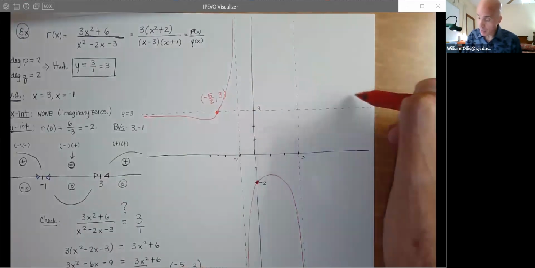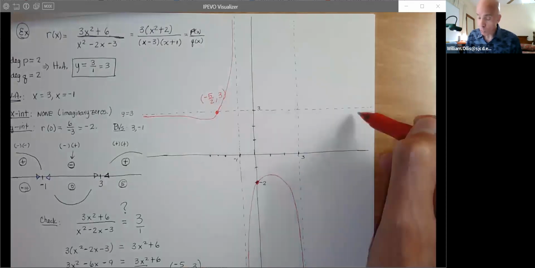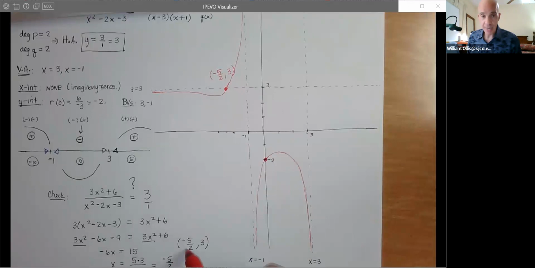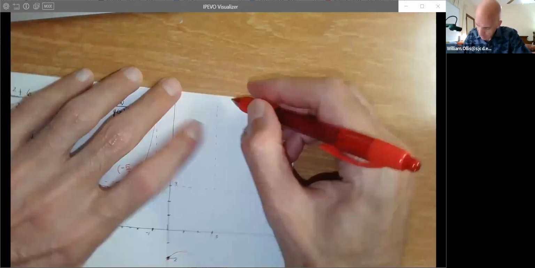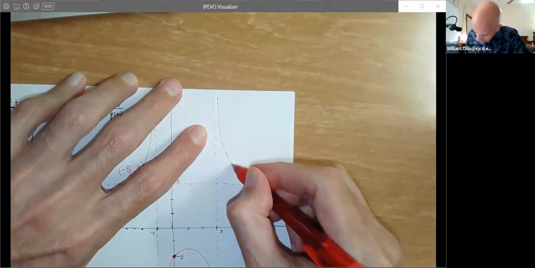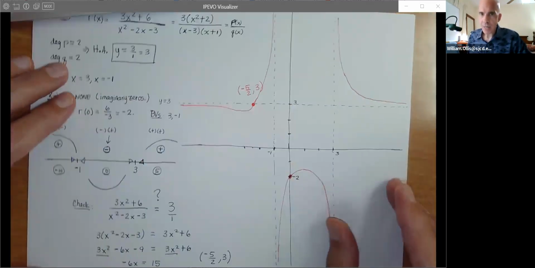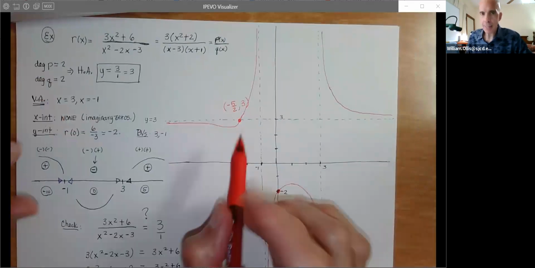And then we've got to approach the line y = 3. And we can't cross because there was only one place that we crossed, and that was right there at -5/2. So here we'll get this, like that.